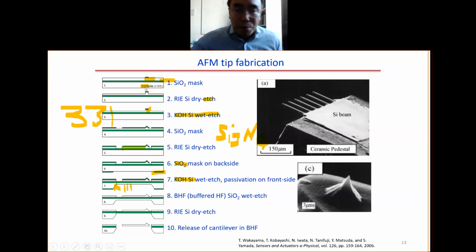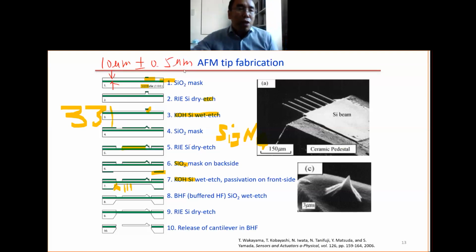For instance, if you want the top silicon layer to be 10 micrometer thick, in reality you never get exactly 10 micrometer. You get 10 plus or minus 0.5 micron.